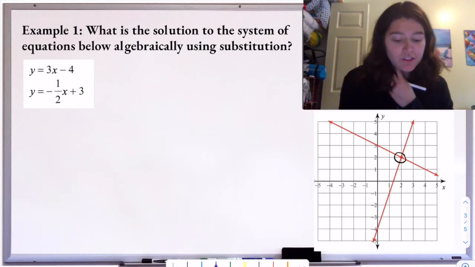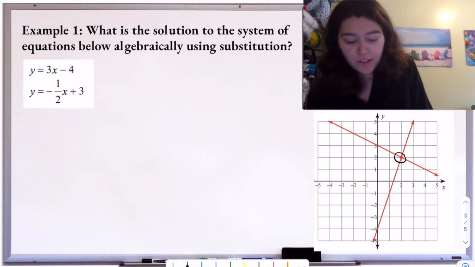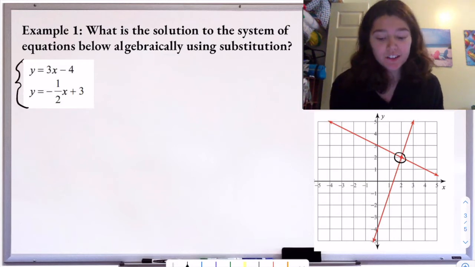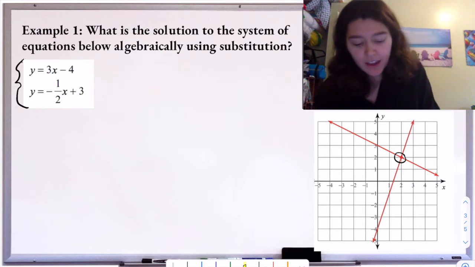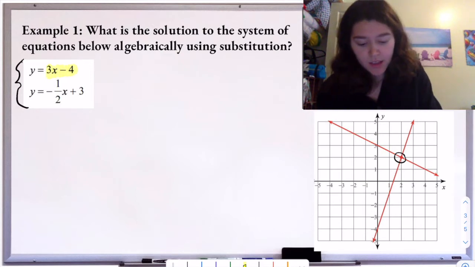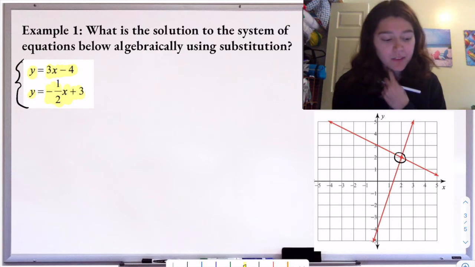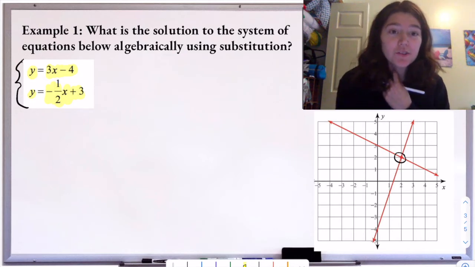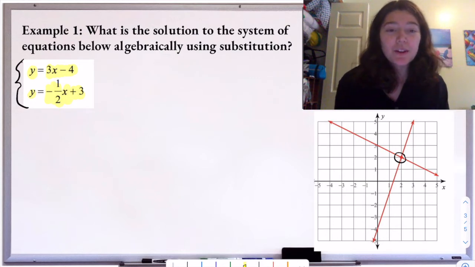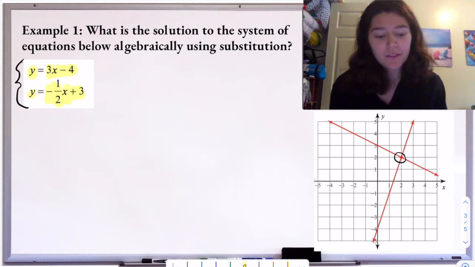In this situation, this is somewhat of a special situation in the realm of substitution. We have two variables that are already solved for. So we have that y is equal to 3x minus 4, and then we have that y is equal to -1/2 x plus 3. We are trying to find the x and y value that make both of these equations true at the same time.